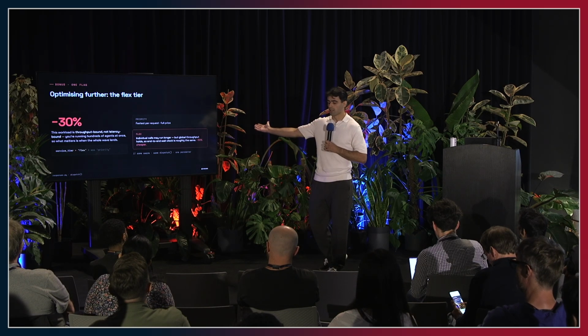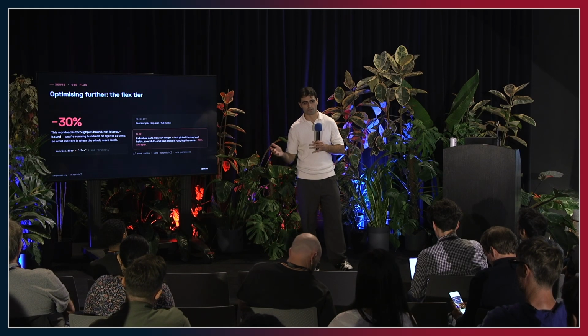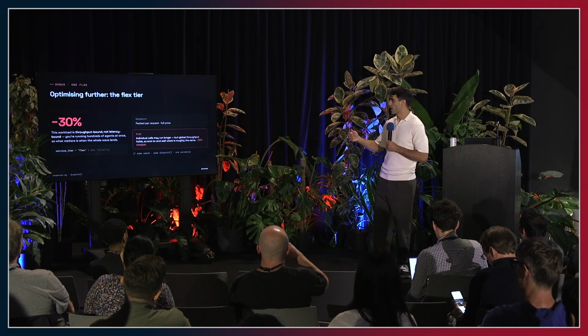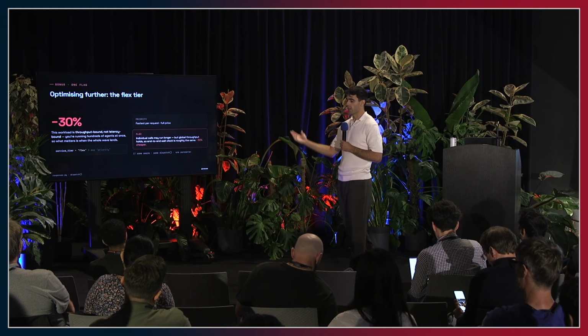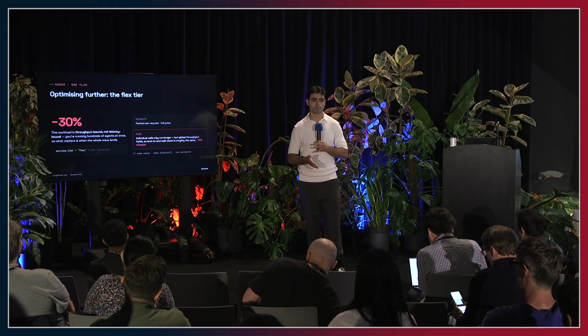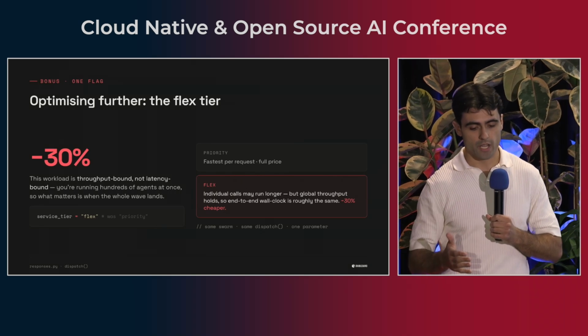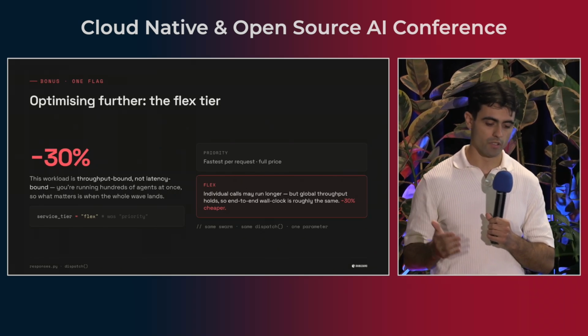So by using the service tier flex on either the chat completions or responses, OpenAI compatible API, you then get a 30% reduction on any of your inference requests and your tokens, both input and output, because your individual requests may wait a little longer, like one request might take a little bit more time to get its first token. But when you do get your tokens, they still move globally at the same higher throughput as if you were using a low latency API. So we think for these asynchronous paradigms of processing, this is a far superior method of submission.